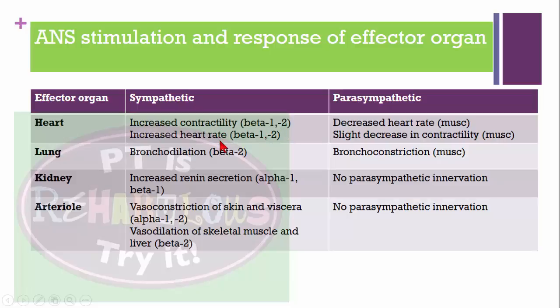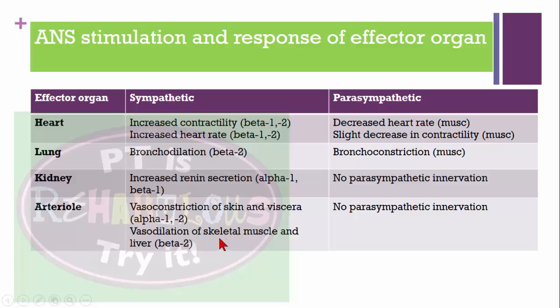For lung, it will cause bronchodilation, beta 2 located in lung. Kidney, it will increase renin angiotensin secretion, alpha 1 and beta 1. For arterial, it will cause vasoconstriction of skin and viscera, alpha 1 and alpha 2 receptors, and vasodilatation of skeletal muscles and liver.